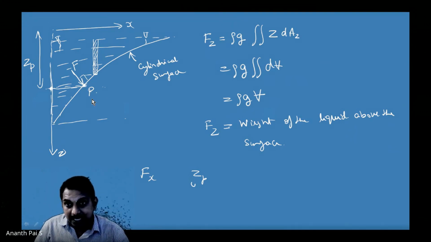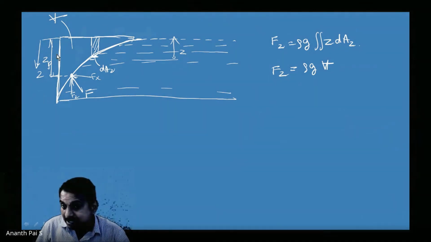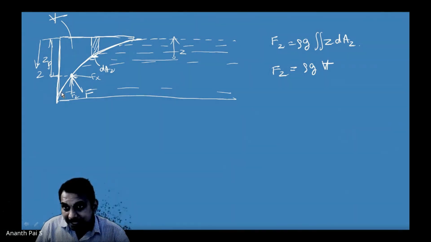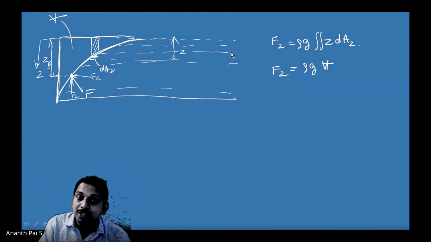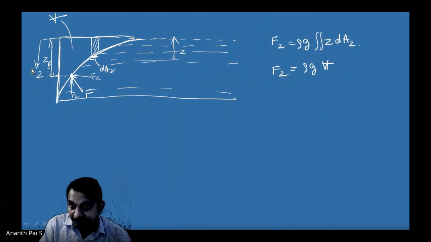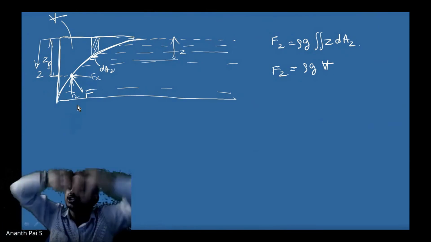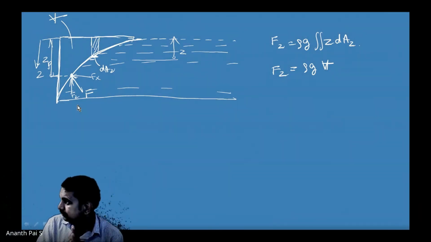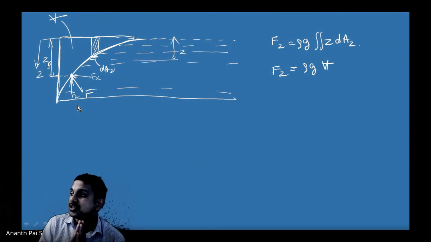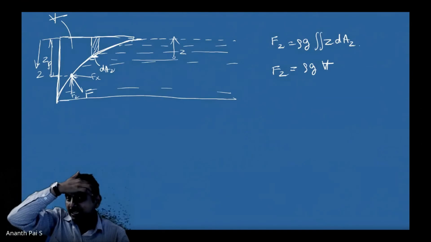Now, in case the surface is on this side and here it is empty, then what happens? This hypothetical volume, if it was filled with the same fluid as this side, the weight it would have is the force Fz acting in this direction. Now it is trying to push it out. Fx is separate, but Fz is that. Is that clear? So that is what we did.